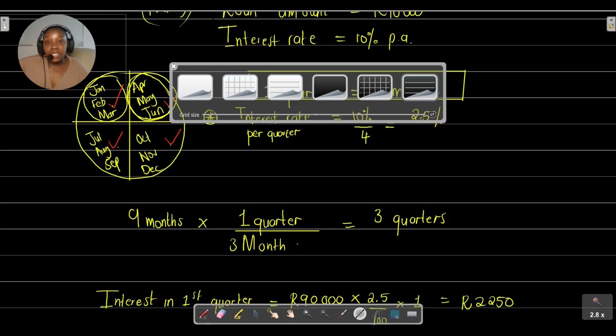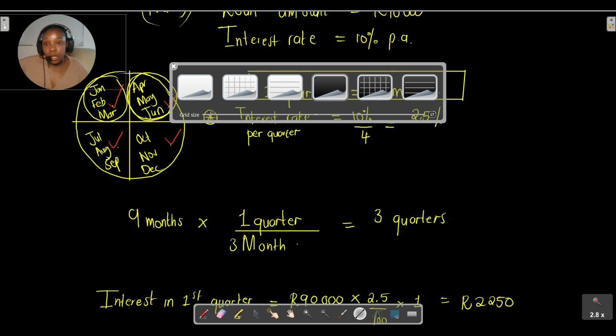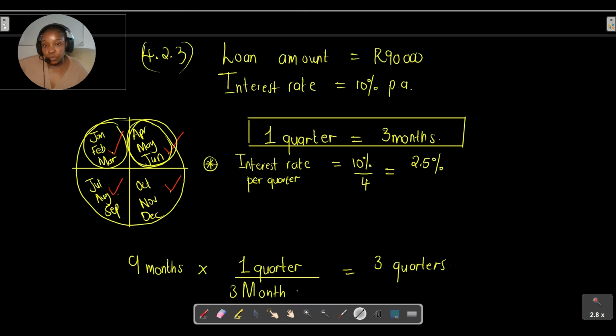So let me try to just go through this again. The first thing that we need to note when we're dealing with compound interest is that interest is added on the accumulated amount. But with simple interest, interest is just added on the initial value. So if you borrowed 100 rand, they will just add that 2.5 on that initial 100 rand.